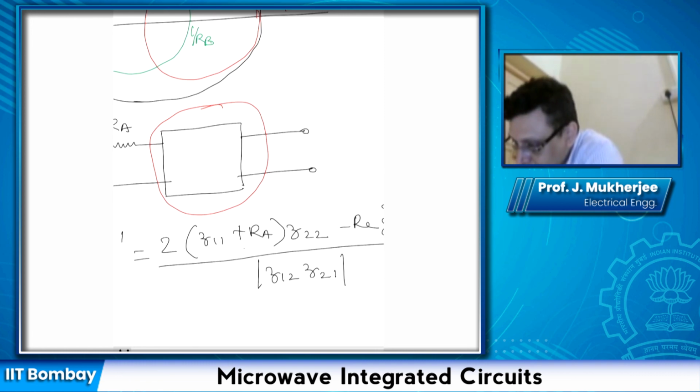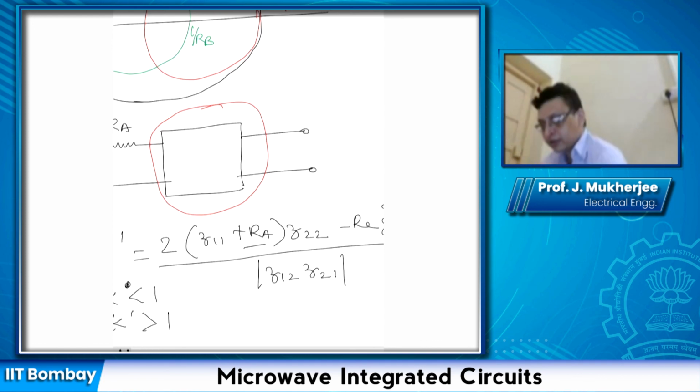Because of this additional resistance Ra, K, which was without Ra, say was lesser than 1. Now with this additional series resistance Ra, K dash will be greater than 1.